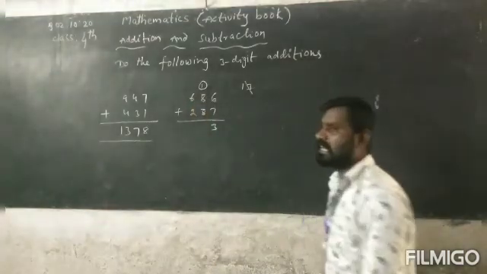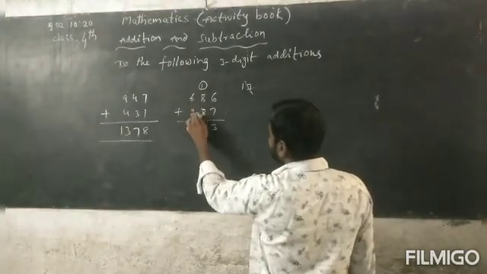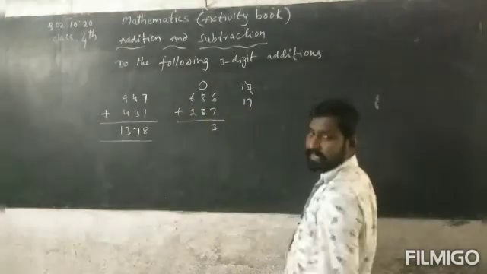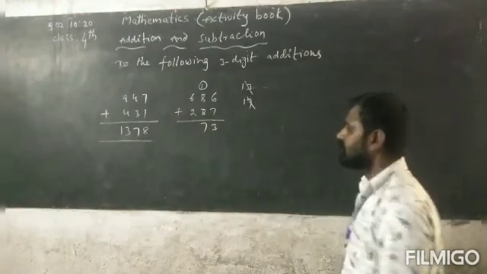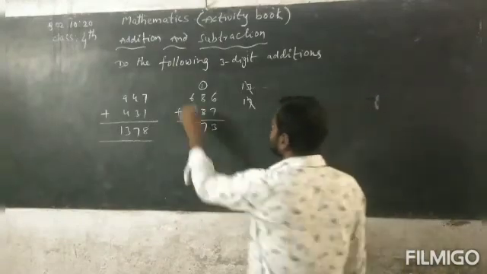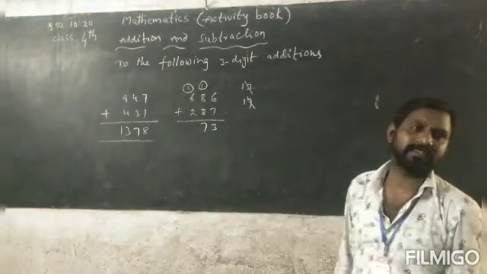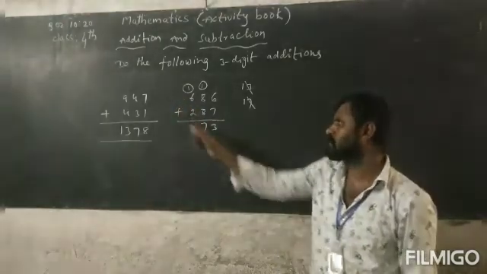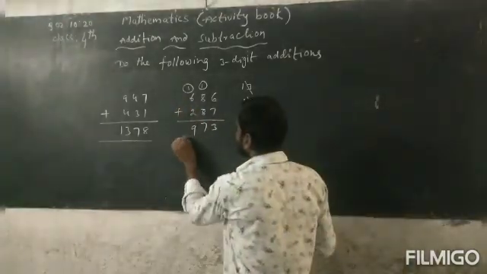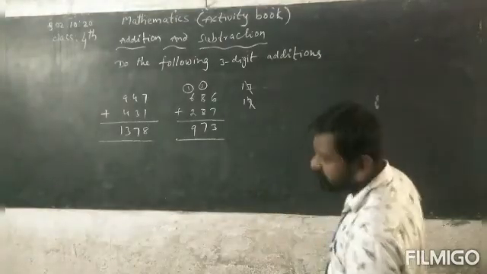Next we add the digits in tens place along with the carry. 1 plus 8, 9. 9 plus 8 is 17. In it, 7 is taken and written right under tens column, 1 is carried to hundreds place. Then next we add the digits in hundreds place along with the carry. 1 plus 6 is 7. 7 plus 2, 9. So the sum is 973.